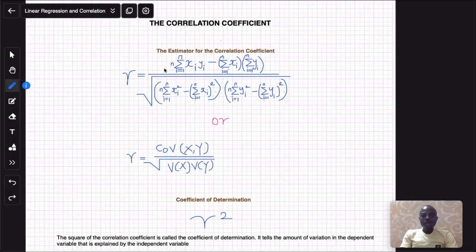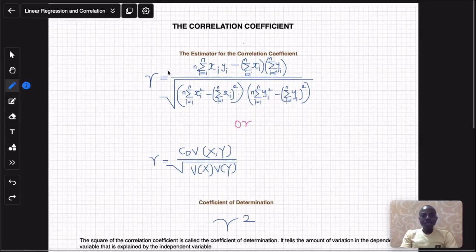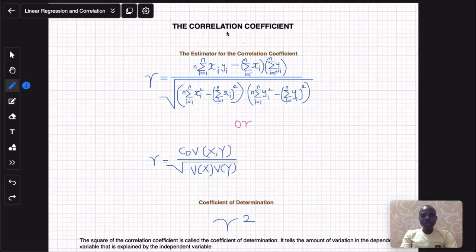Now, how do we obtain an estimate for the correlation coefficient? Now, don't forget that we could obtain it from the population, but when the population is large, we may not be able to get all possible values.